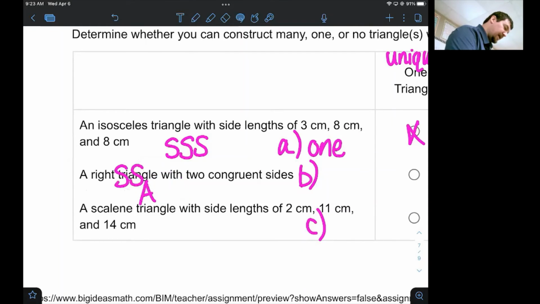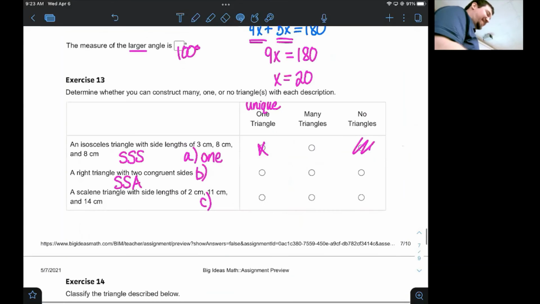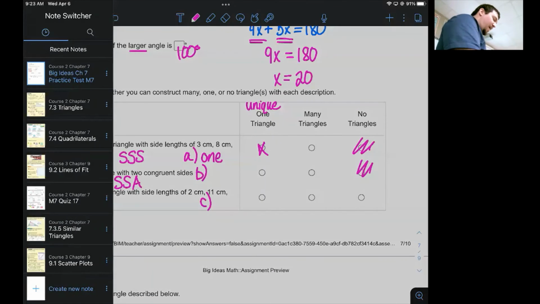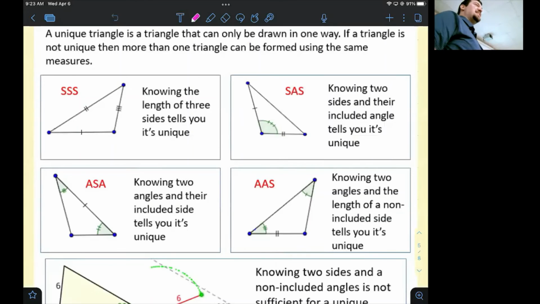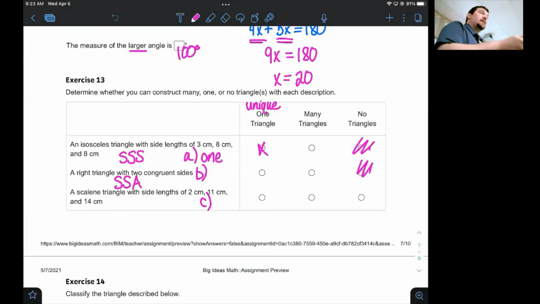Maybe I should write the 2 sides over on this side. Keep it school appropriate. So I know it's a triangle. Do I have an SSA kind of unique triangle? I have an SAS, a sassy one. I don't have an SSA. So that means it's not unique, I can make many triangles.